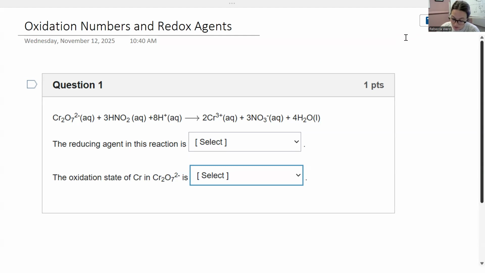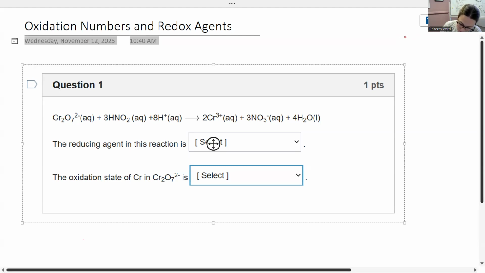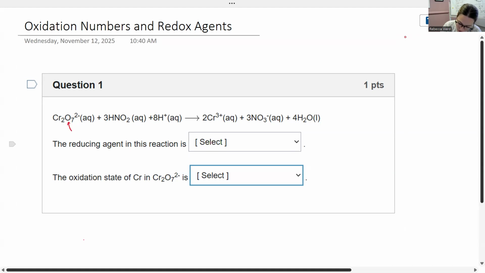So let's take a look. We'll start with this chromium oxide. And we know the whole thing is -2. Okay, and that oxygens are all going to be -2. It's very rare for those 7 oxygens to be bonded to themselves. And so we just default to that, hey, in this, their oxygens will have a -2. And that's one of the core rules that you should remember.